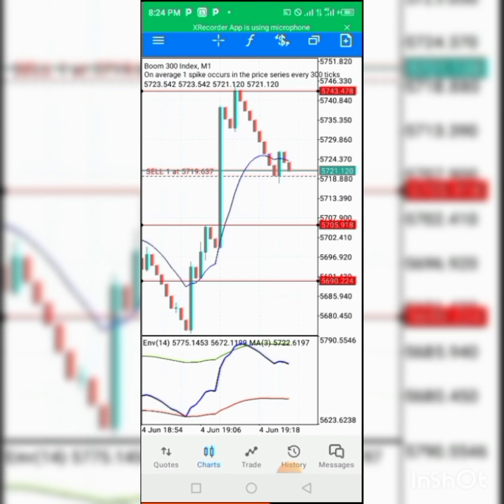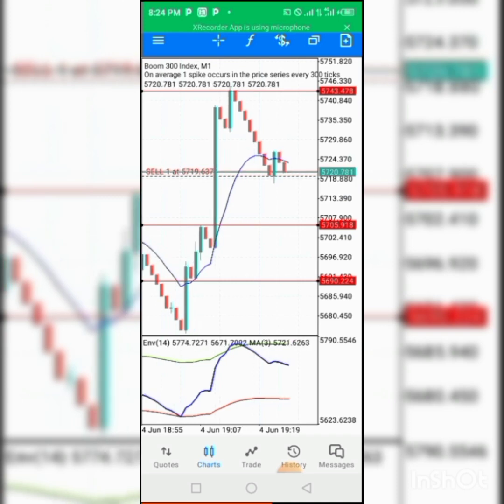Like I told you, we're going to have a spike, but it won't be a strong spike. It will be a weaker spike, which will still come down and still go into profit. As you can see, the next candle that is going to come out now is taking us into profit again.